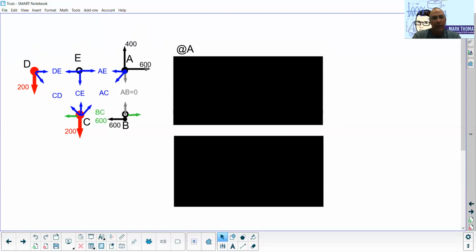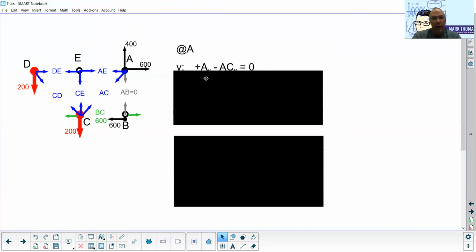And so in the X direction, I have this black one to the right. I have this blue one to the left. And this other diagonal blue one is partly in the X. And then in the Y direction, I have the 400 up, and then this blue one is partly down. So we'll have to look at the component forces of that. So we'll have to use our trig in order to figure that out.